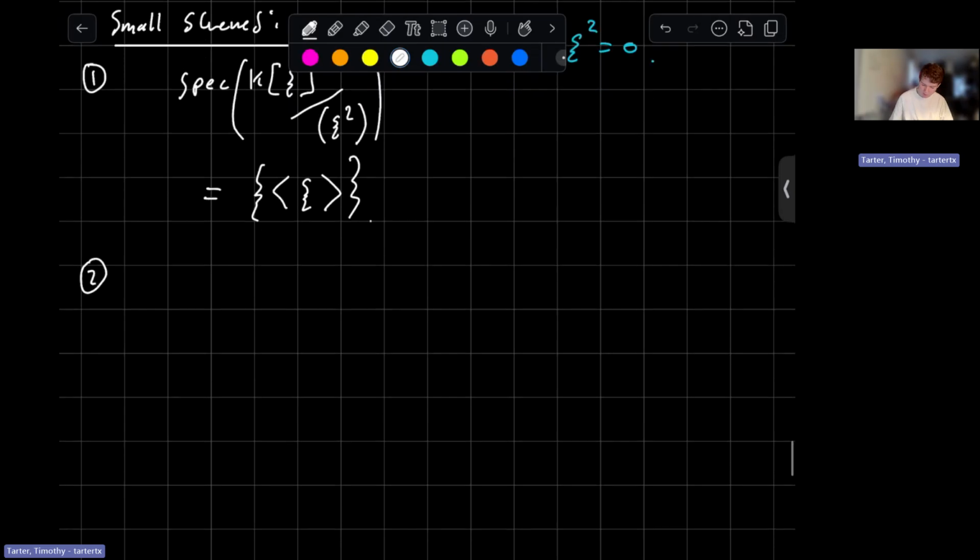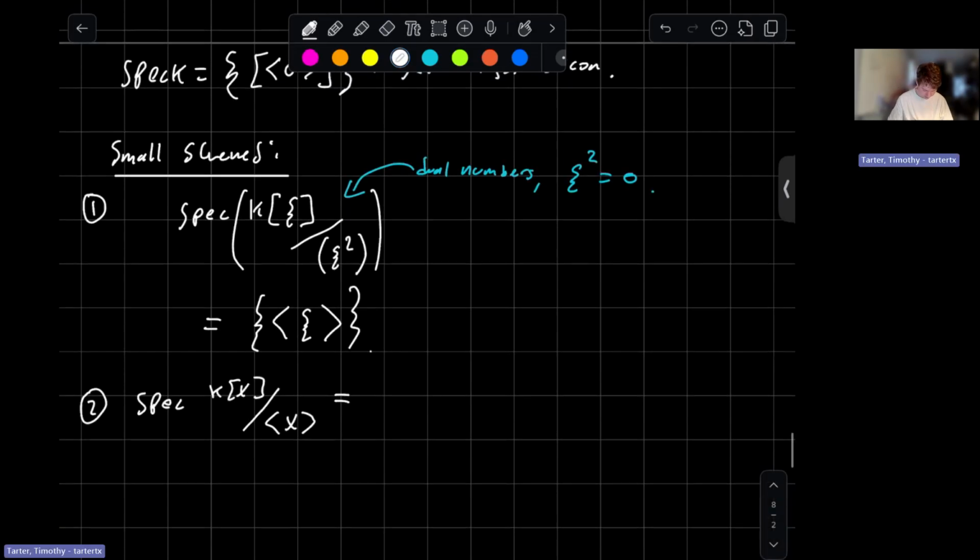And then our second example is a little bit more familiar. So Spec k[x] mod the ideal generated by x. We will see this again repeatedly starting in a little while. We will think of it later as a shred of a particularly nice smooth curve.